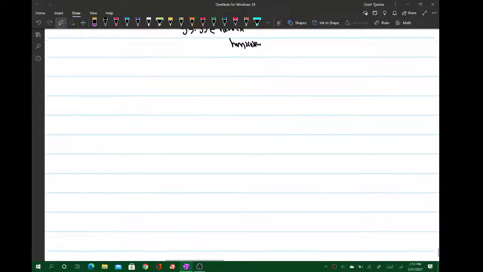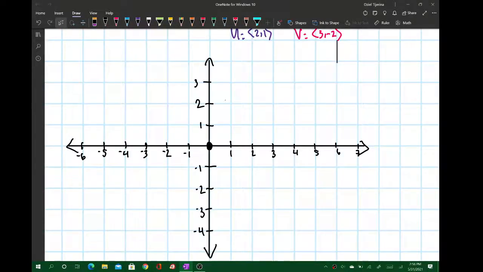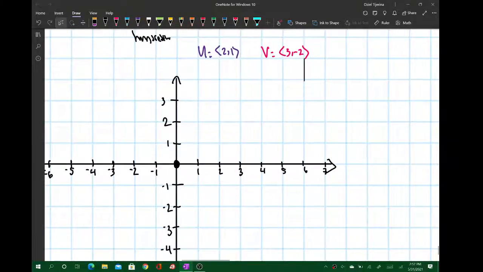Now let me quickly sketch how this would look on a graph. Okay, so to quickly summarize this in vectors, your initial point is always (0, 0). Then you have (2, 1), that's the vector u, right?